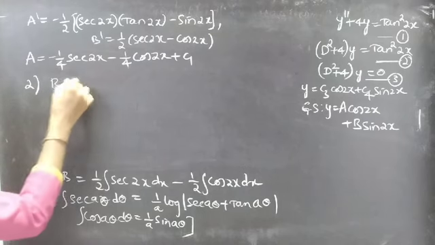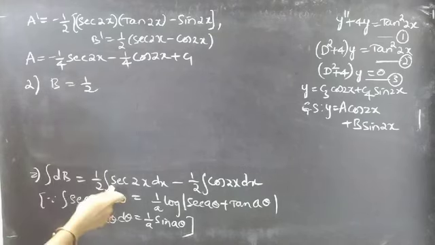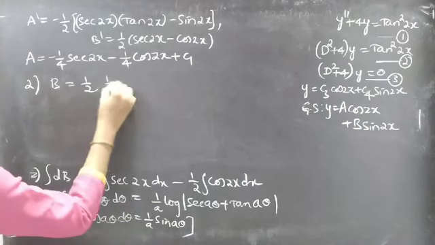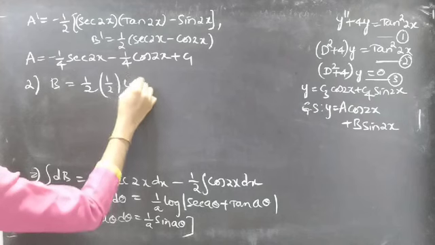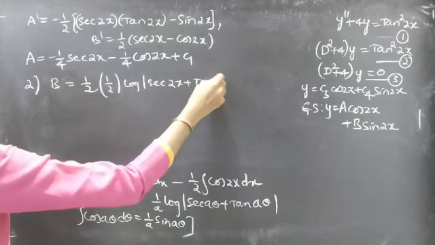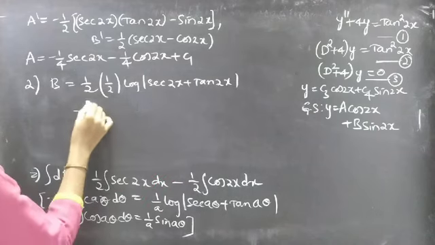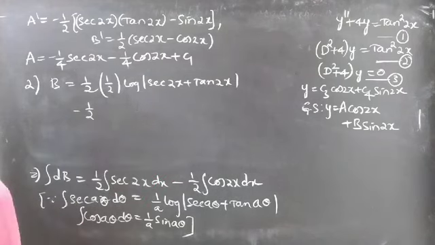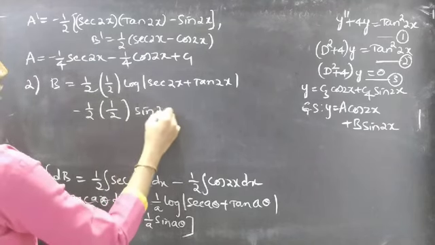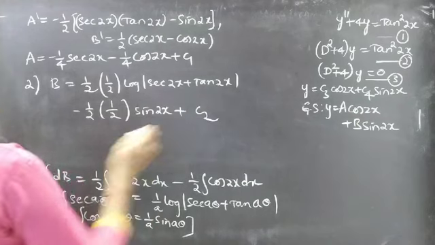integral db, b equal to 1 by 2 into integral secant 2x dx. For a equal to 2 we'll get 1 by 2 into log mod secant 2x plus tan 2x, minus 1 by 2 into integral cos 2x dx. For a equal to 2 we'll get 1 by 2 into sin 2x plus an integration constant, say c2.